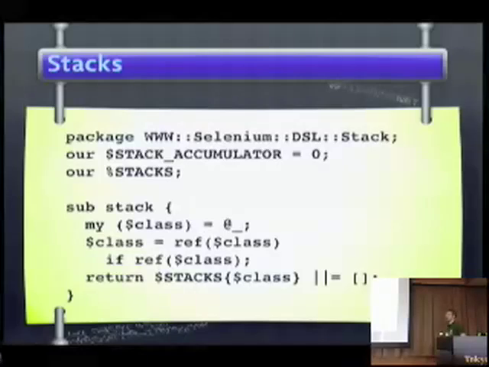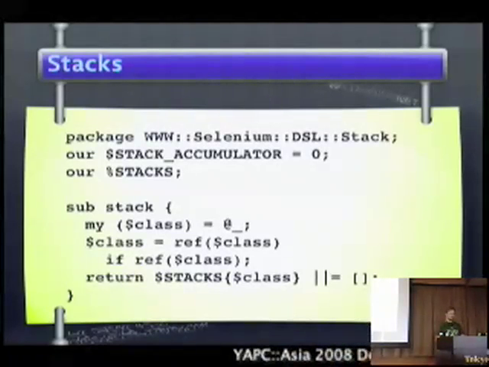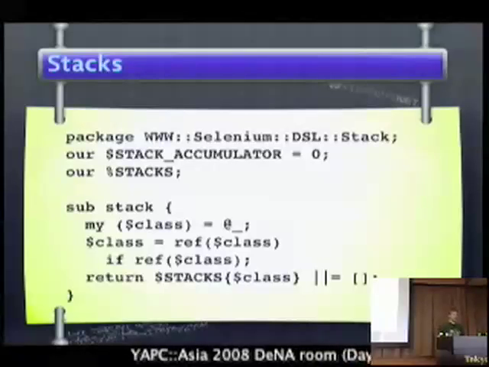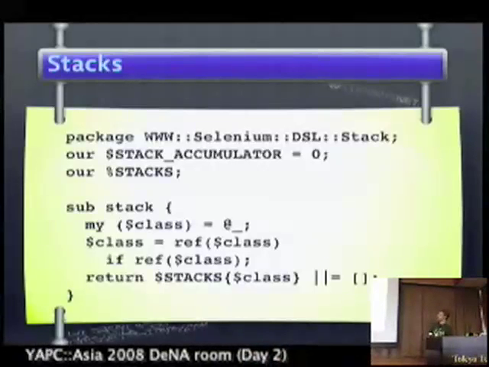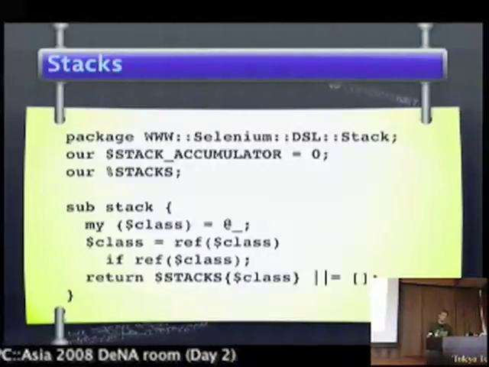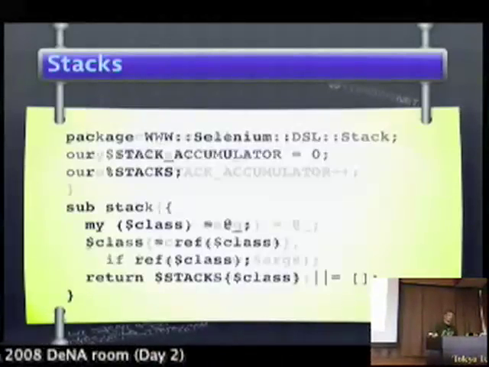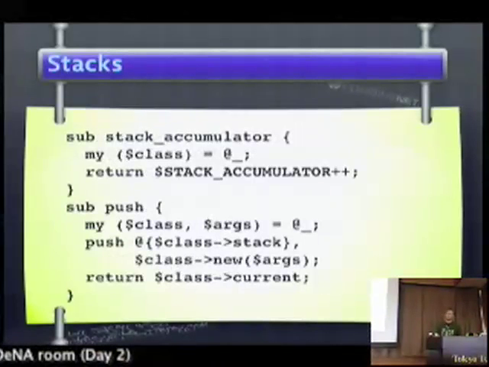Now, one of the design decisions that I made was that if I had multiple kinds of objects that needed a stack, then I would just inherit from this, and that this thing would keep all of the stacks in its own package. I don't really like it, but that's the way I did it at the time. So the stack method just returns all the stacks, or initializes the stack. And we can accumulate and return that accumulator, and this will give us unique identifiers.